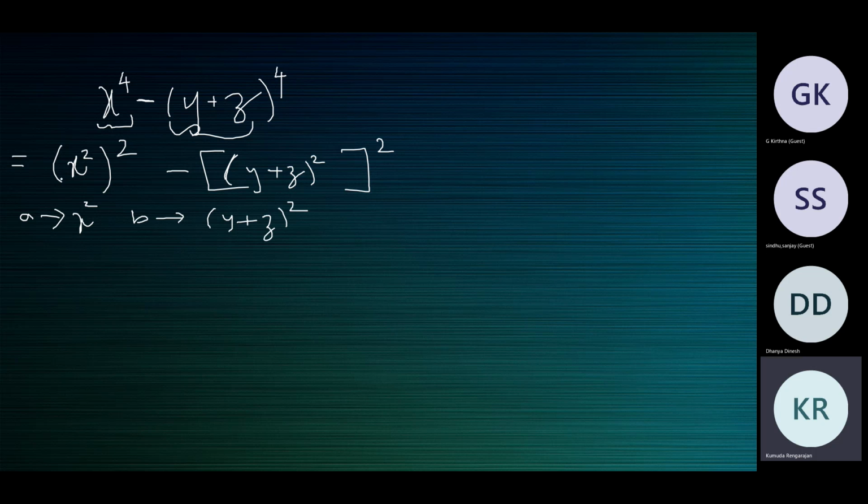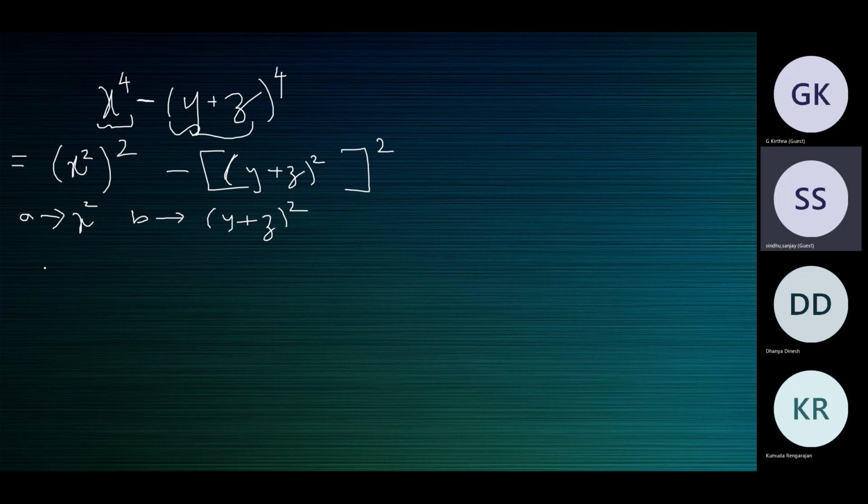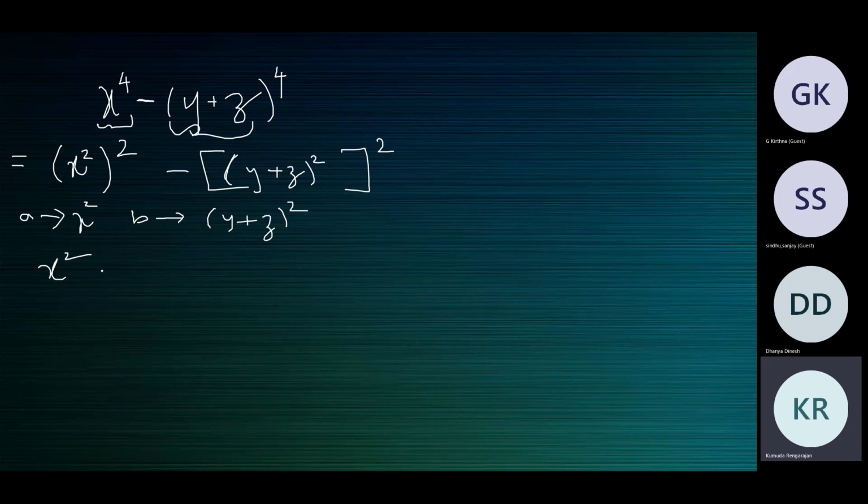Now we know that a square minus b square is a plus b into a minus b. We'll write a minus b first. What is a minus b? x square minus y plus z the whole square, ma'am. So when we say a minus b, a is x square and b is y plus z the whole square.